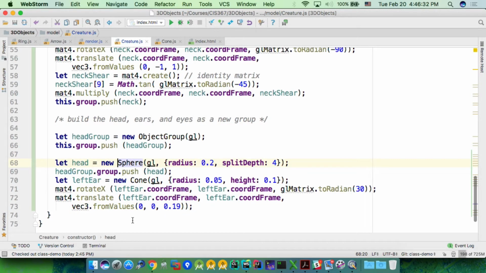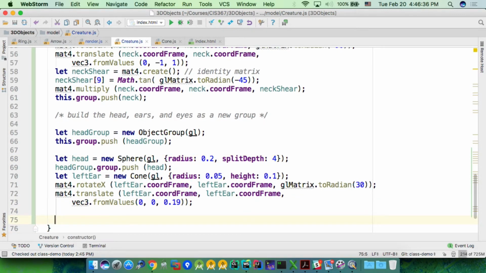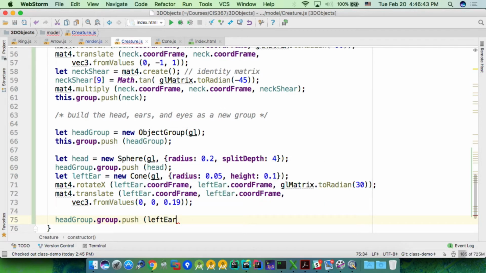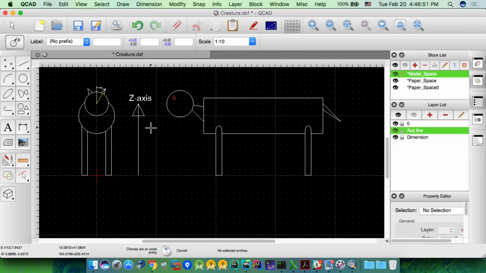And then I have to add the left ear to my head group, right? Head group, push left ear. Okay, so then let's see.